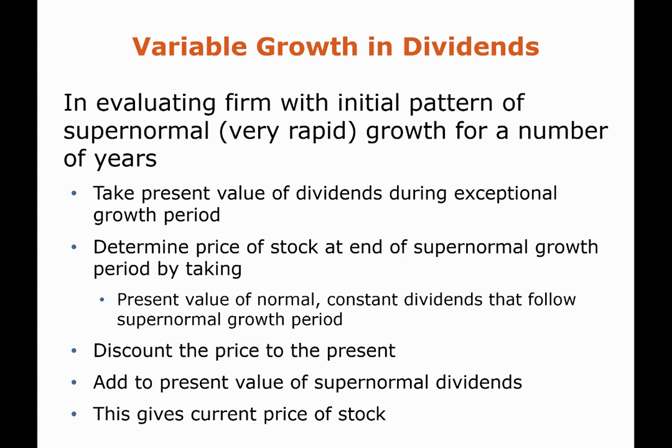And then we are going to determine the price of the stock at the end of the supernormal growth period. And I'm going to show you what we mean by this. And then we discount the price to the present, and then add the present value of the supernormal dividends, and then this will give us the current price of the stock. So how does this make sense? So let's look at this.